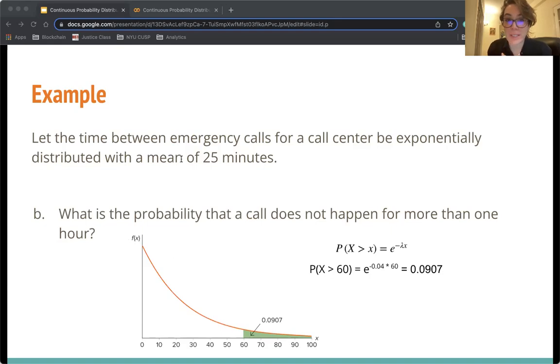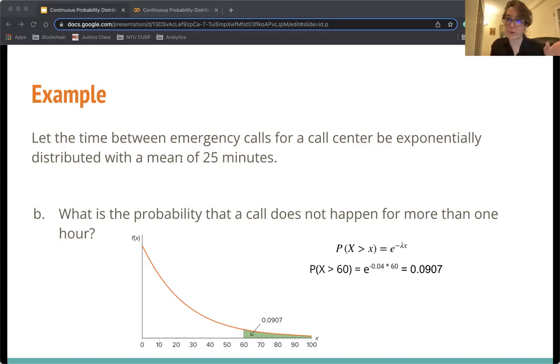So what is the probability that a call does not happen for more than 1 hour? We use the equation to calculate this and place our lambda value in the exponent and multiply it by x, which is the number of minutes we're calculating for. We use Euler's base, e, and take the output of 0.907.